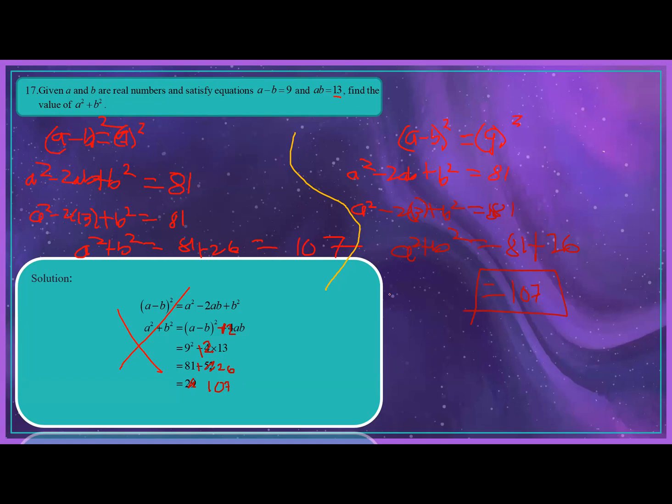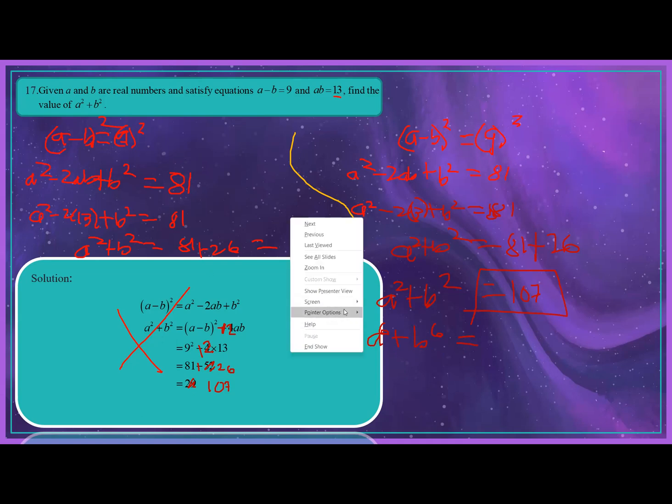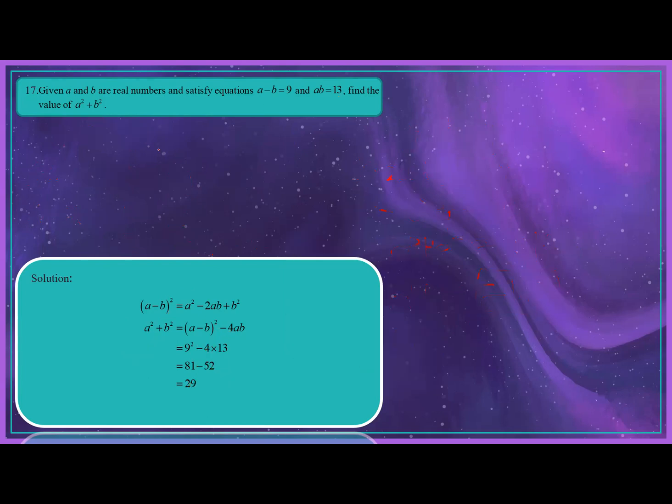So from here we have a squared plus b squared equals 107. I have a question: how about you find a to the 6 plus b to the 6? Disregard the solution box.